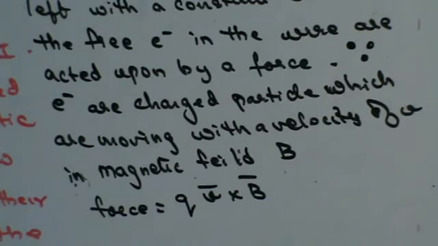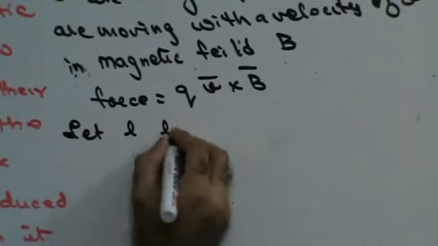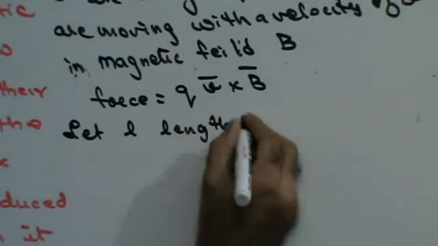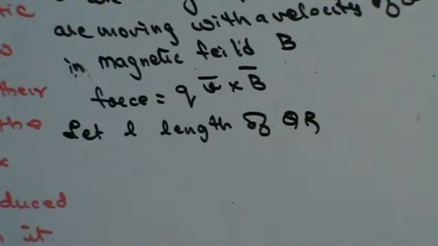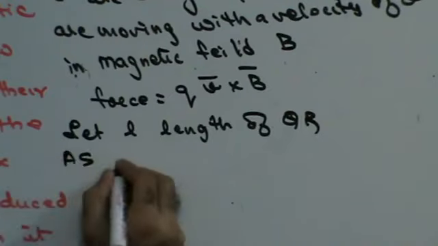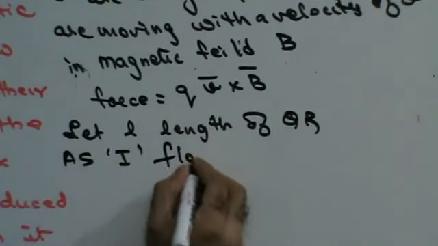As the electrons are negatively charged particles, they will travel in anti-clockwise direction, causing a conventional current to flow in clockwise direction. Now let us assume that L is the length of the part QR of the wire.